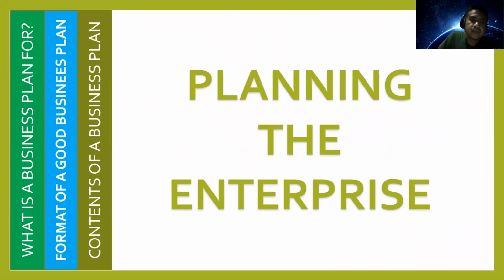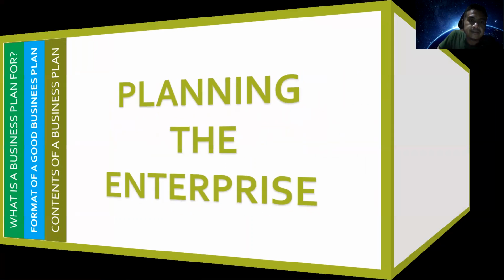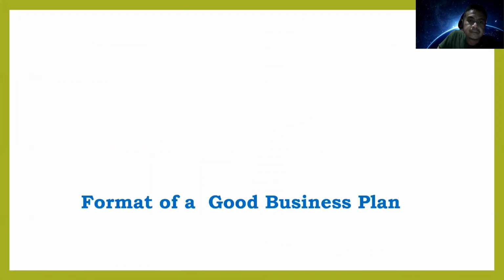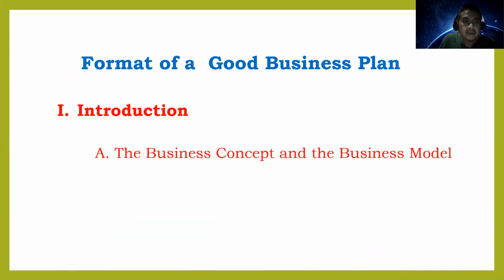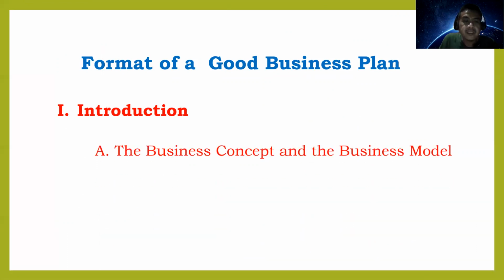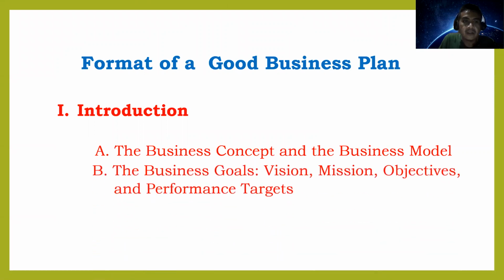Okay, so we have a format of a good business plan. Of course, we have the introduction. Under that, we have the business concept and the business model. Also, we have the business goals: the vision, mission, objectives, and performance targets.